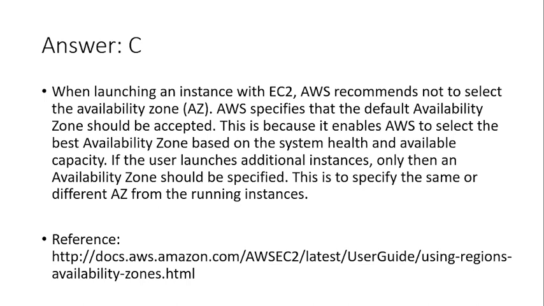Fourth one is it is a group used to span multiple availability zones. So these are the 4 options. The correct answer is A. A placement group is a logical grouping of instances within a single availability zone.